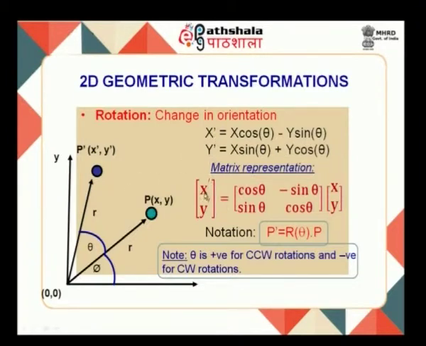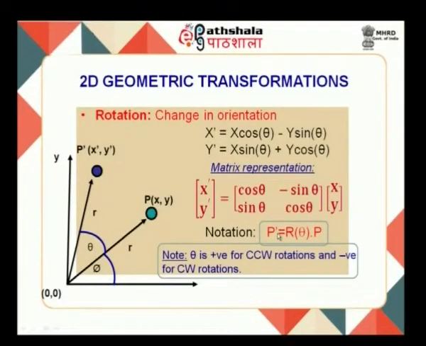X dashed, y dashed is equal to the matrix cos theta, minus sin theta, sin theta, cos theta, times x, y. This matrix is called the rotation matrix, and theta is the angle of rotation, that is important. Phi is eliminated in the equations, so theta is the important angle of rotation.